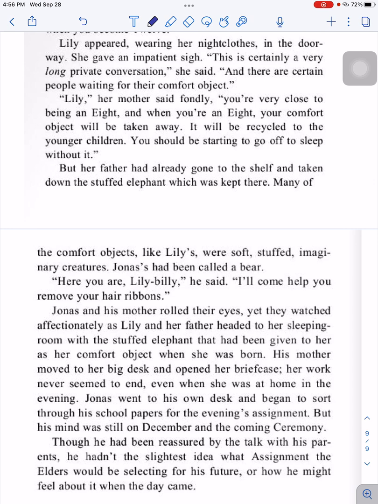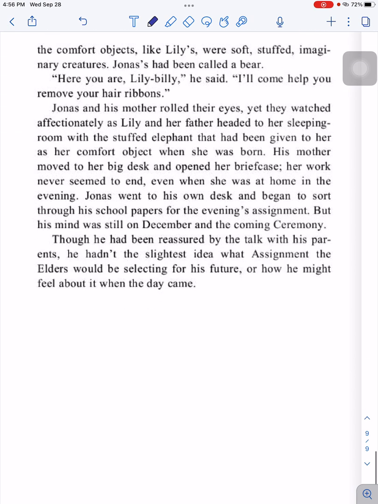But her father had already gone to the shelf and taken down the stuffed elephant which was kept there. Many of the comfort objects, like Lily's, were soft, stuffed, imaginary creatures. Jonas's had been called a bear. "Here you are, Lily Billy," he said. "I'll come help you remove your hair ribbons." Jonas and his mother rolled their eyes, yet they watched affectionately as Lily and her father headed to her sleeping room, with the stuffed elephant that had been given to her as her comfort object when she was born.